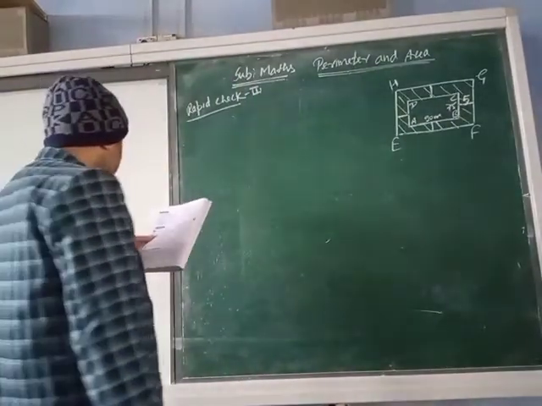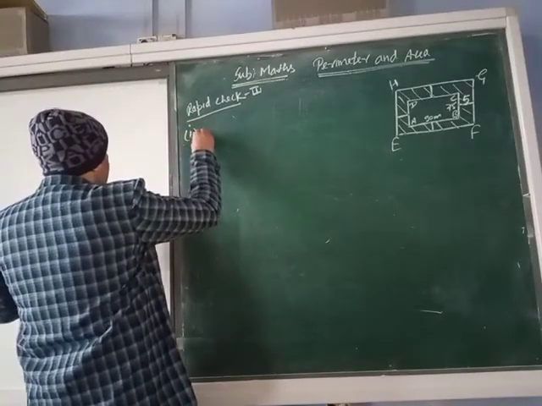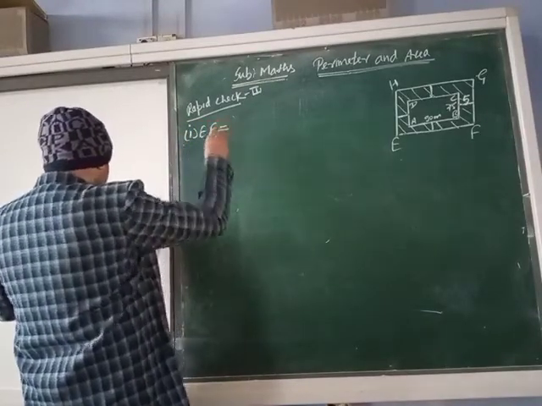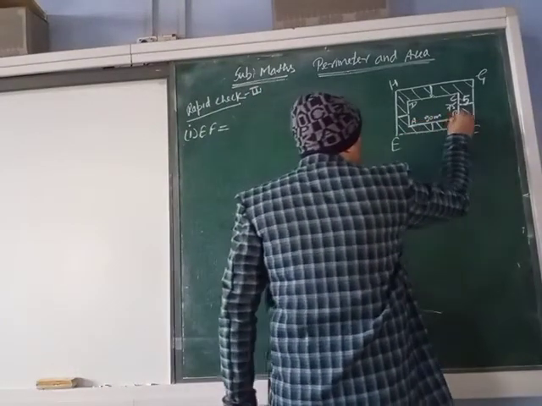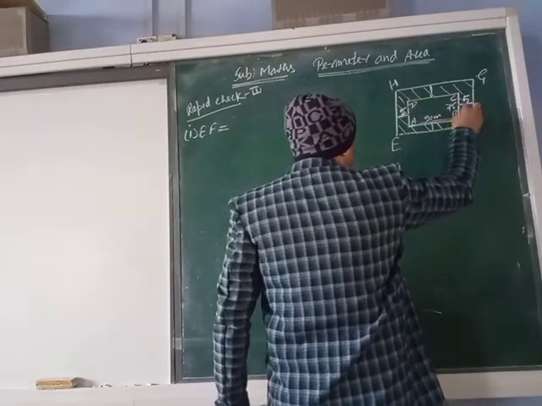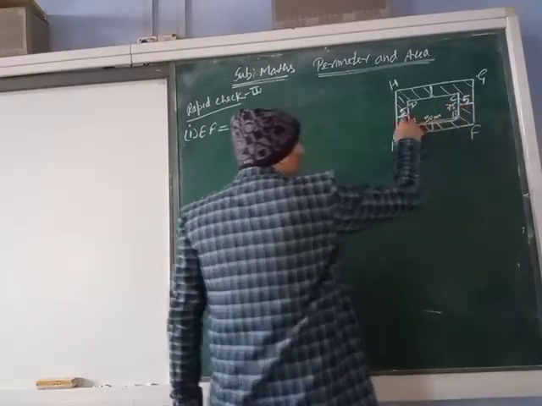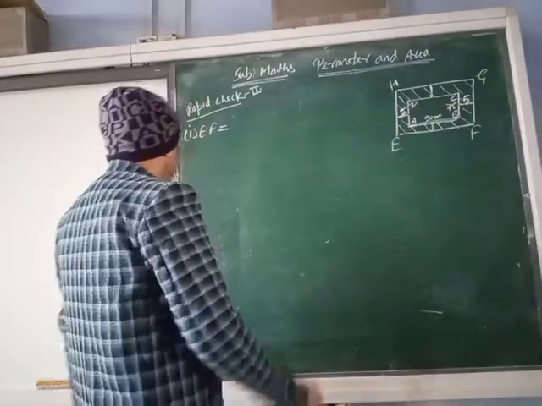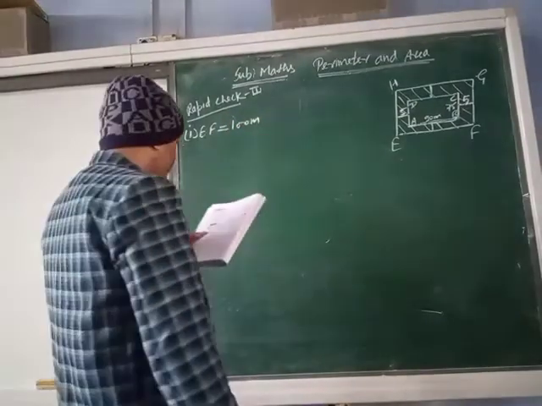So in this question, first of all, ask the length of EF. EF means this one. Now this is 90, this is 5 and this is also 5. That is 90 plus 5, 95, and 5, 100. So the length is 100 meter.